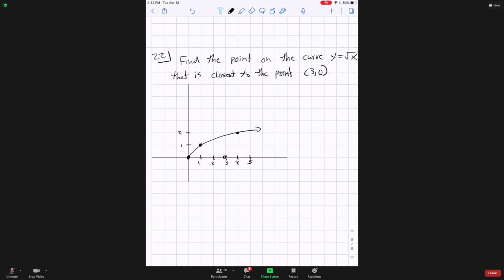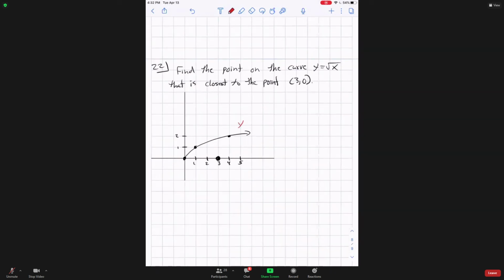The point (3, 0) is right here. The question is, what point on this curve, y equals square root of x, is closest to that point (3, 0)?